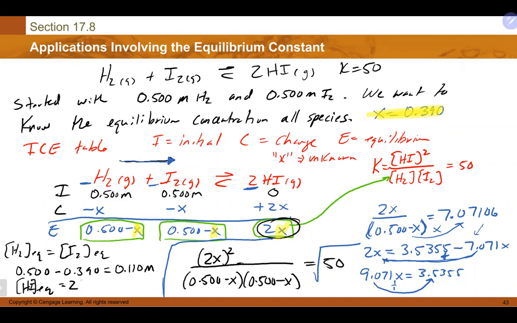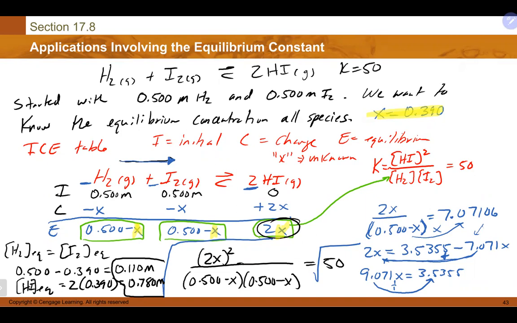So it would be 2 times 0.390, so 0.780. And these would be our equilibrium concentrations of everybody in this reaction, once this reaction obviously reaches equilibrium. Any questions on all that?